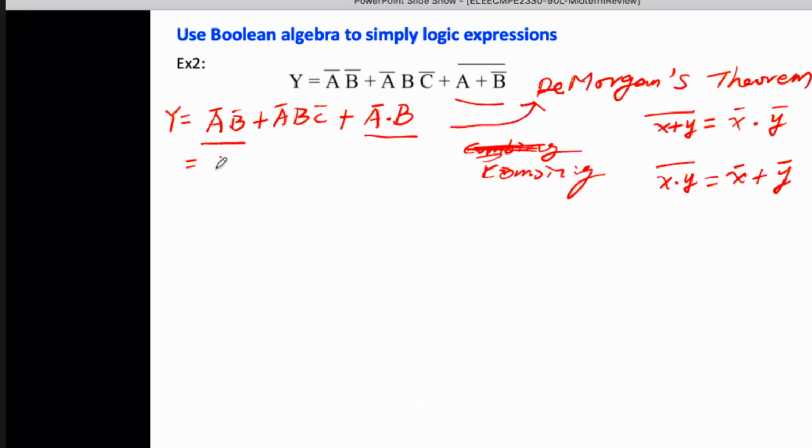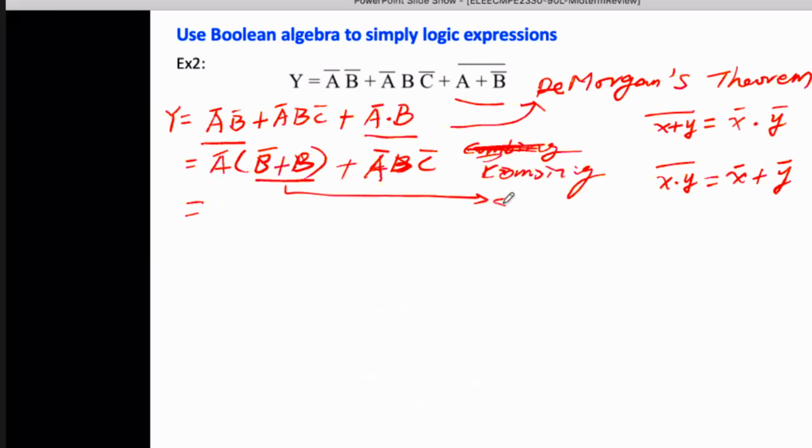So you get A naught times (B naught plus B). Then we copy the middle one, A naught B C naught. Okay, this one is called a single variable theorem, right? X plus X naught equals 1.